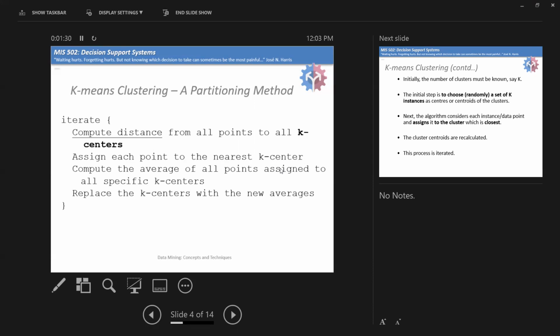Name the formula that we use. Yeah, Euclidean, or we talked about Manhattan distance, right? You remember x minus x square, y minus y square, z minus z square, and the square root. So that's how you're going to find the distance between all the points in your data.